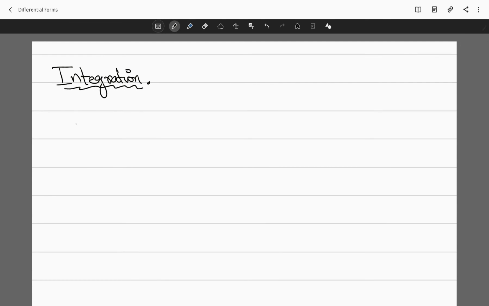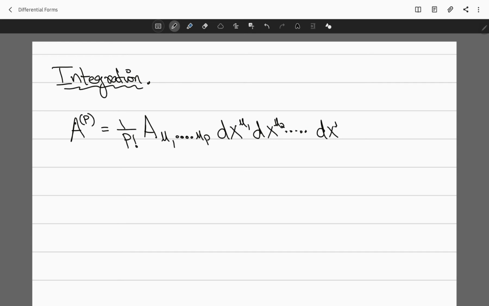And that is something like A_p equals 1 over p factorial times A_{mu1 up to mup} dx^{mu1} dx^{mu2} up to, of course, dx^{mup}, right?